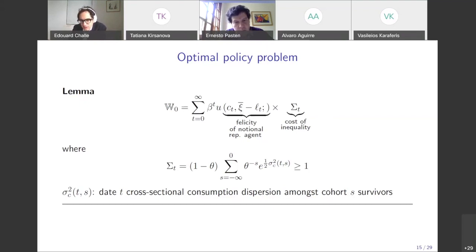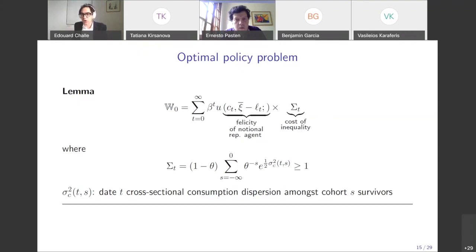Yeah, one question. This cost of inequality, is it just referring to the fact that one additional consumption unit gives more utility to the poor than to the rich, or is it also referring to the planner disliking having people with more utility than others? The planner is utilitarian.